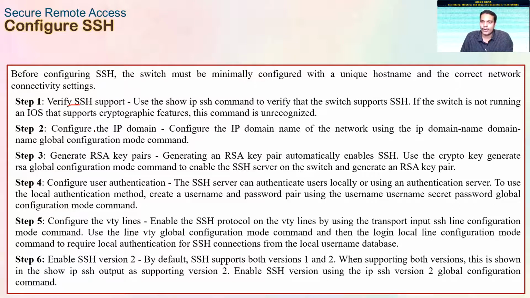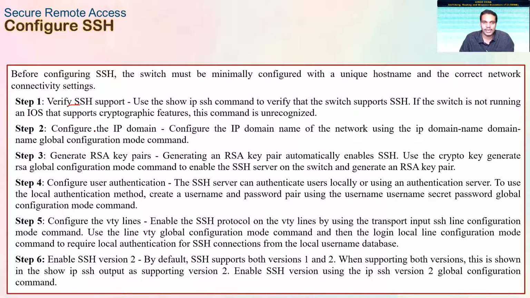Once you do that, you have to configure the VTY lines so that access is restricted, and whoever is trying to connect through SSH is authenticated from the local username database that you just created in step 4. Step 6 is enable SSH version 2. Usually by default SSH supports both versions, but if you type in ip ssh version 2, it enables version 2 of SSH.